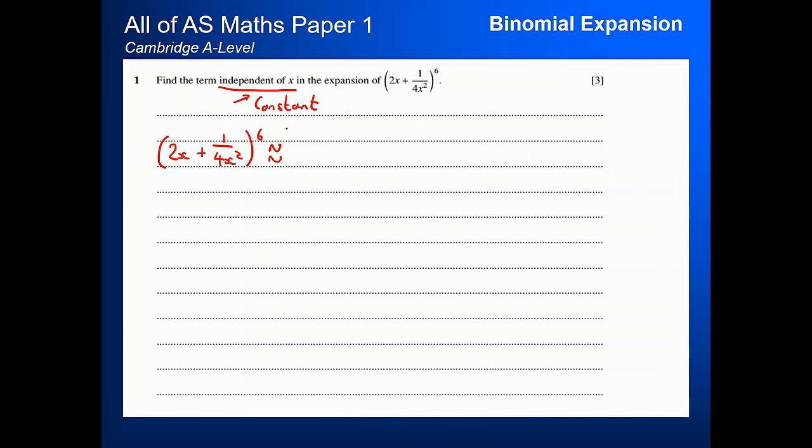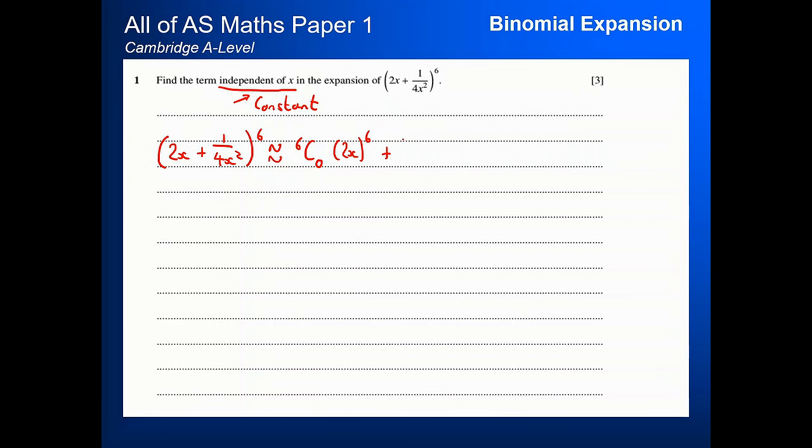So first of all, we need our binomial coefficient, so we're going to start with 6C0, and all we focus on is just the first term here, so (2x)^6. Okay, that's not going to give us a term independent of x, which is unlucky. Let's just continue.